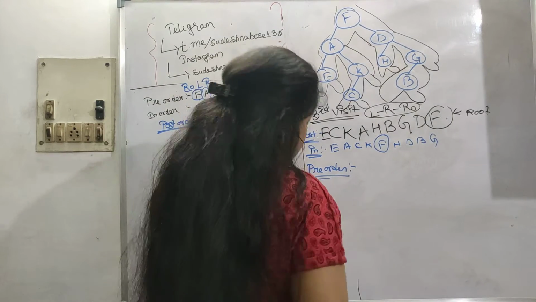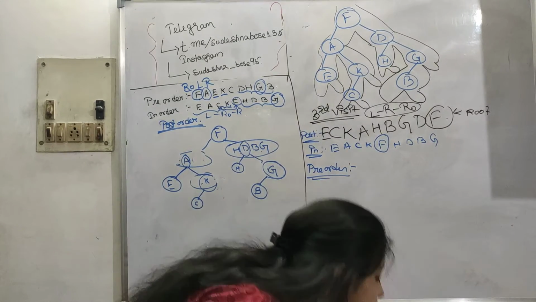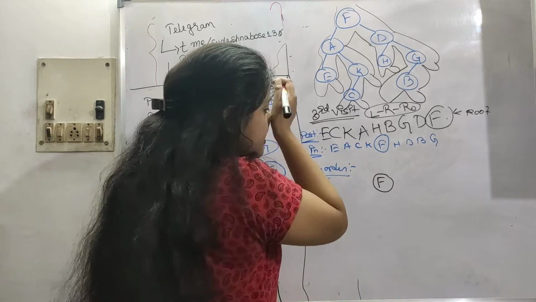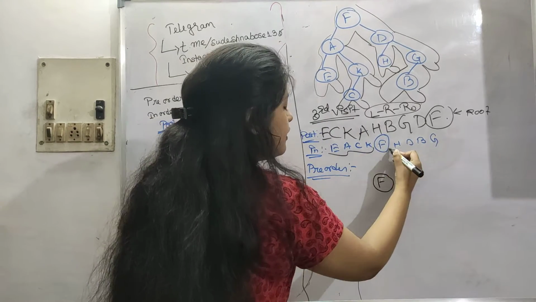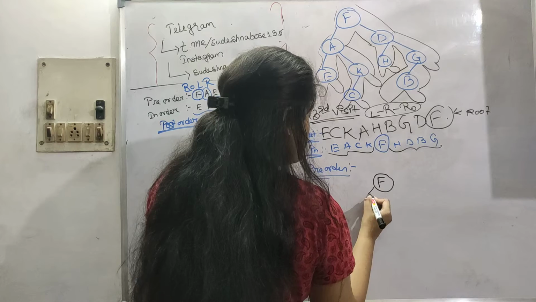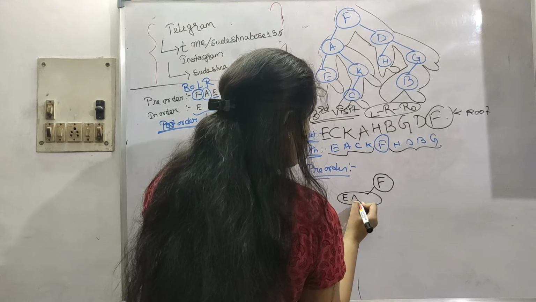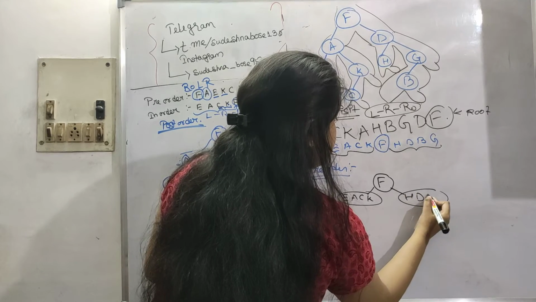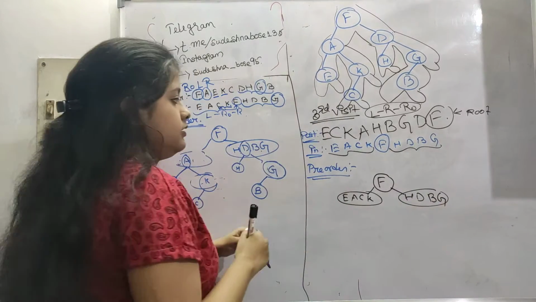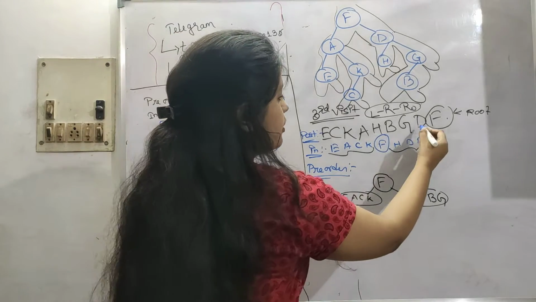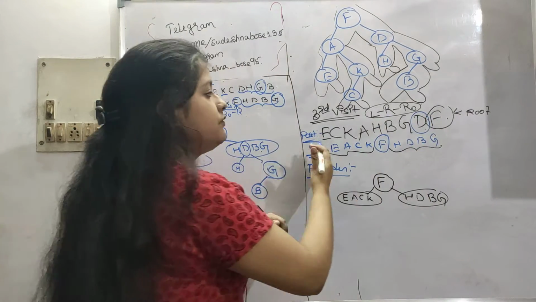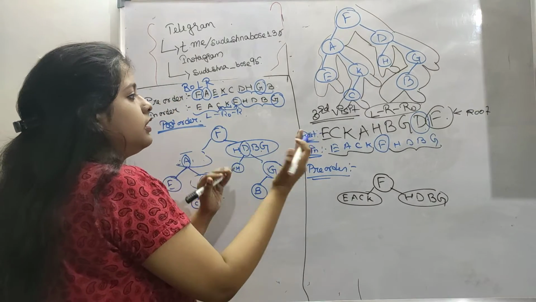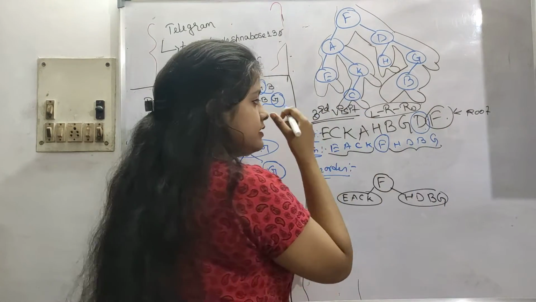So we make F our root. Then all this is in the left, all this in the right: E, A, C, K, H, D, B and G. So now point the next root. In pre-order we find the root from the left-hand side, in post-order we find the root from the right-hand side.